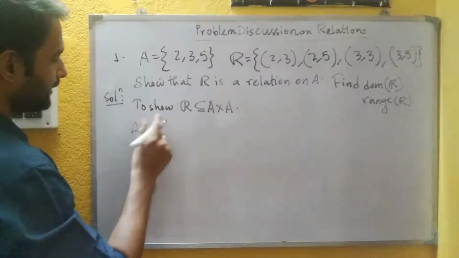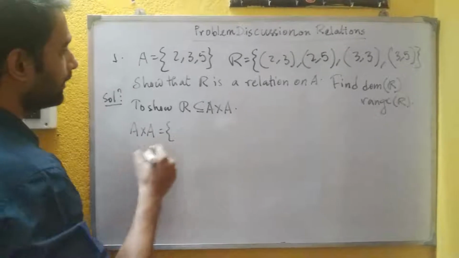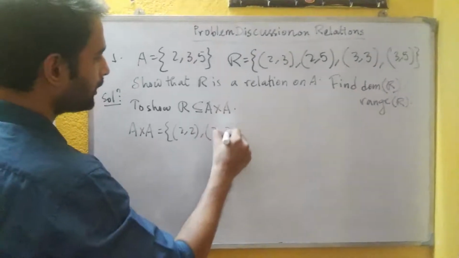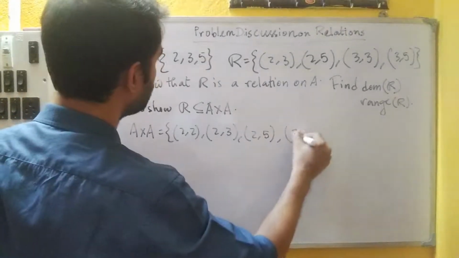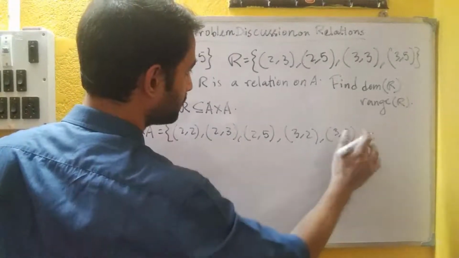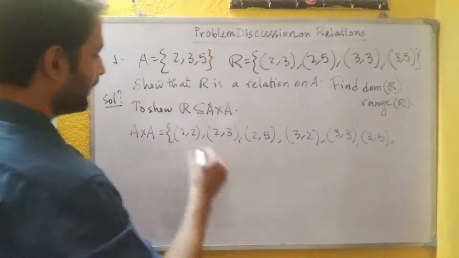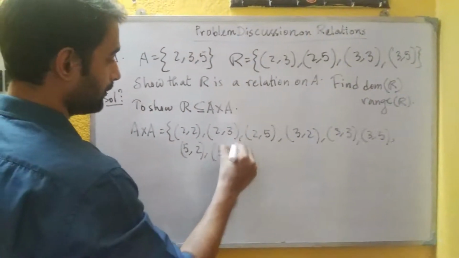Now it is easy to find A cross A. So what is A cross A? Write all the ordered pairs: 2, 2, 2, 3, 2, 5, 3, 2, 3, 3, 3, 5, and 5, 2, 5, 3, 5, 5.